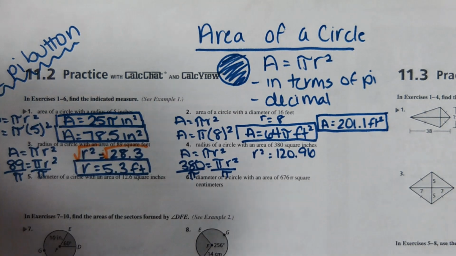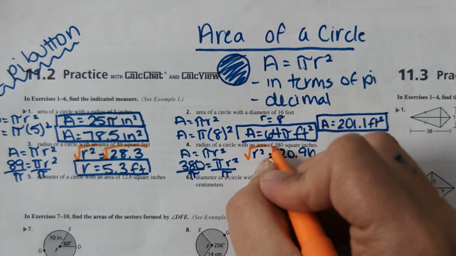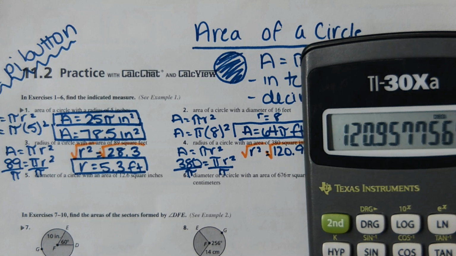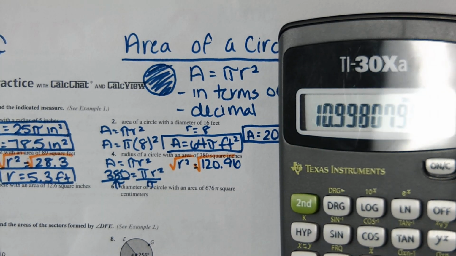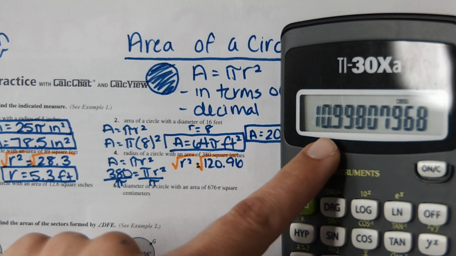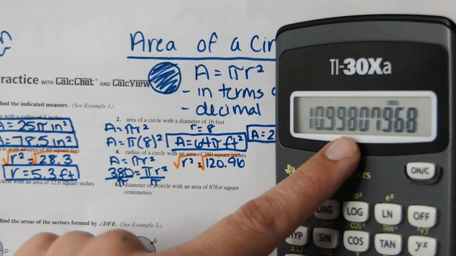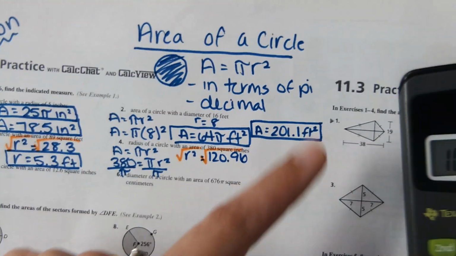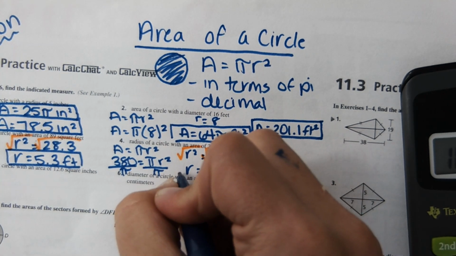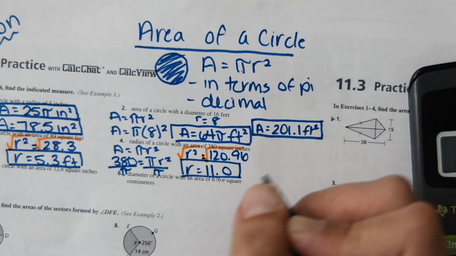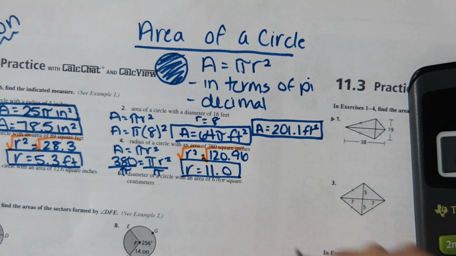And then square root of both sides. And again, I'm just going to keep the number in the calculator and then do square root and then I get 10.9998. I guess we'll round that to 11.0. R equals 11.0. And that would be inches.